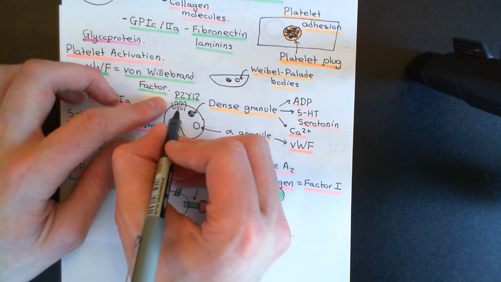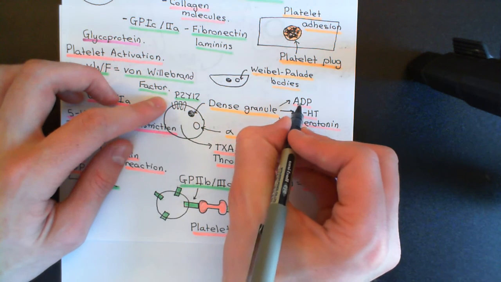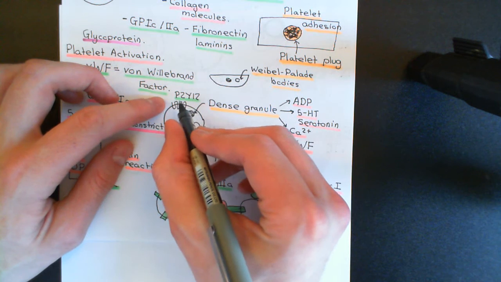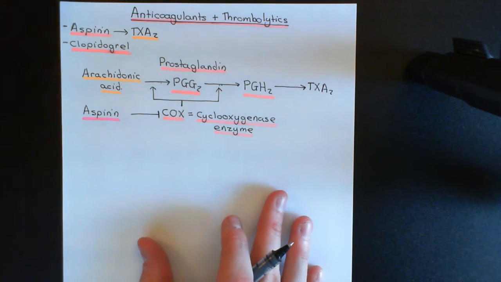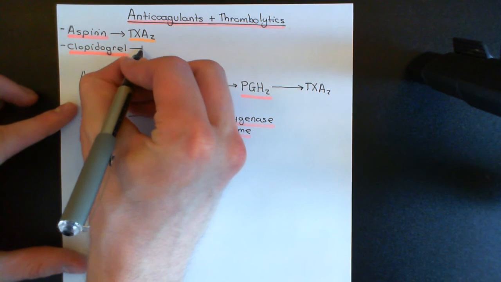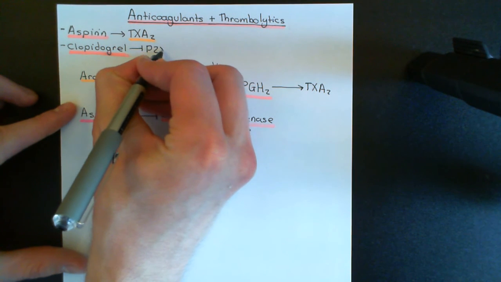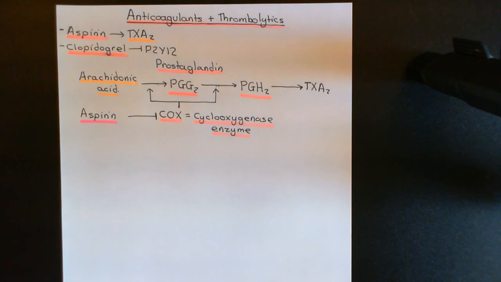So it binds, does not activate, therefore does not cause platelet activation, but just blocks the ADP from being able to bind there, and therefore blocks ADP from being able to bind and activate the P2Y12 receptor. So clopidogrel is an antagonist for the P2Y12 receptor and therefore blocks ADP from being able to participate in the chain reaction.